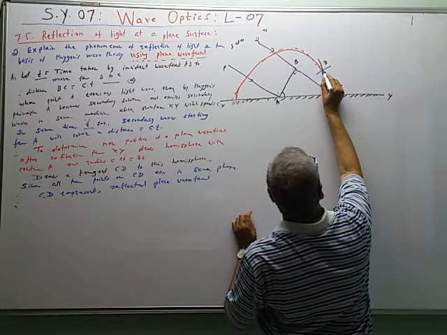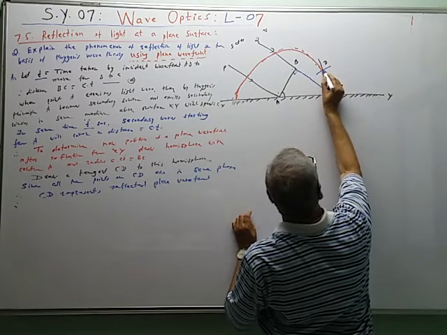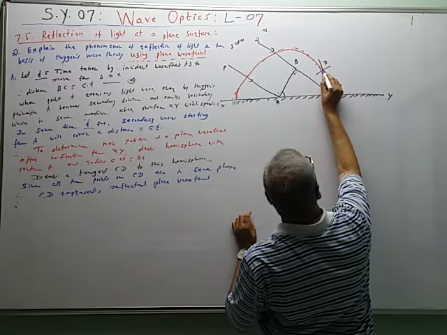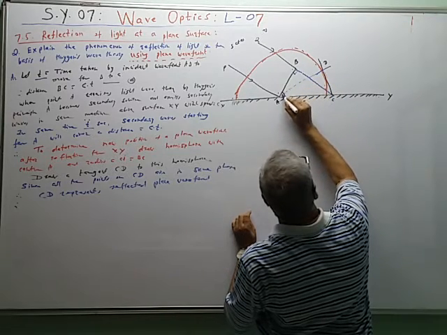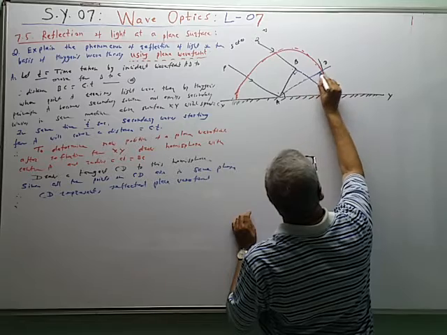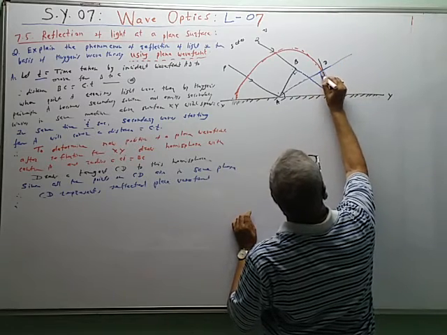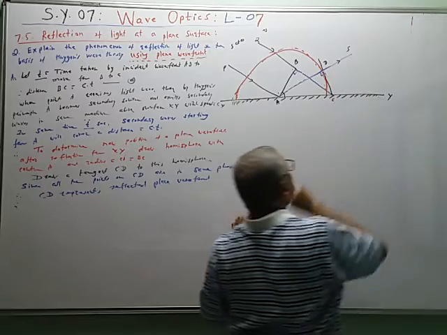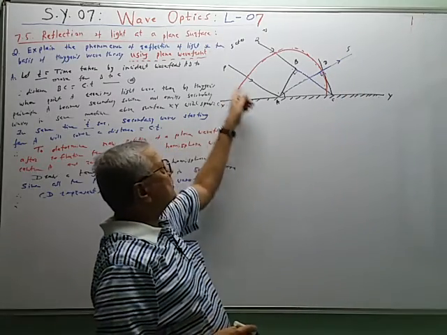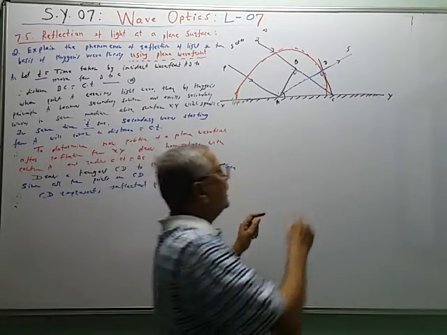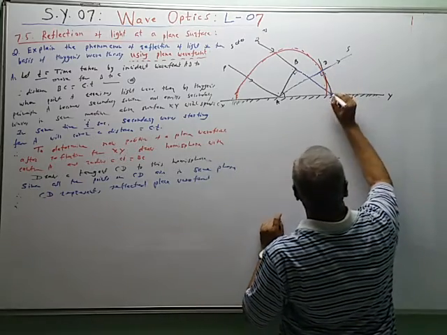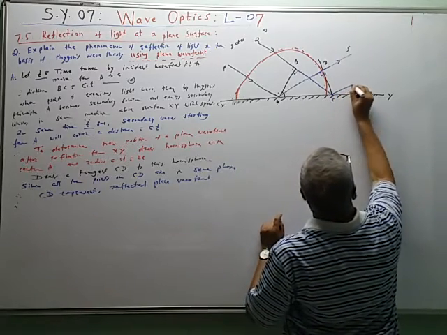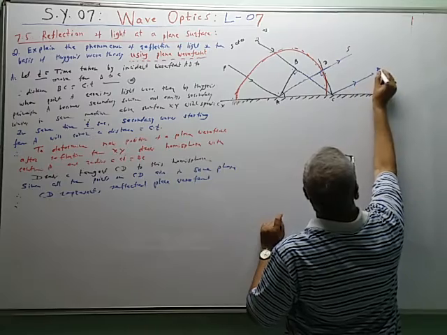If we extend this line, it will definitely pass through A. So this angle is also 90 degrees because wavefront and wave normal are perpendicular. So AS is the reflected ray corresponding to PA, and there is one more wave normal. These two must be parallel, CR.